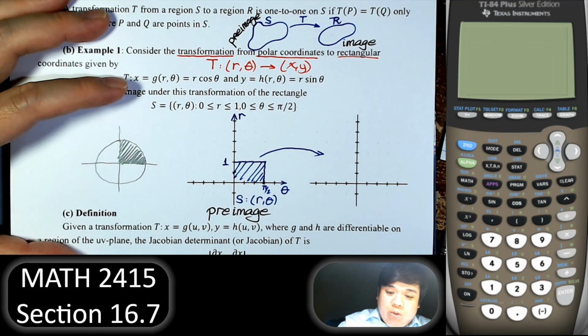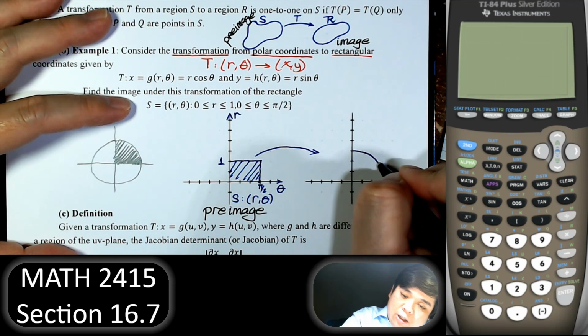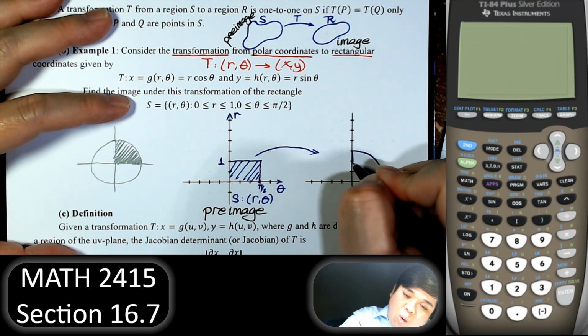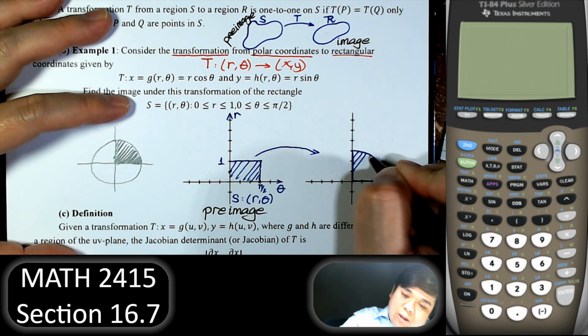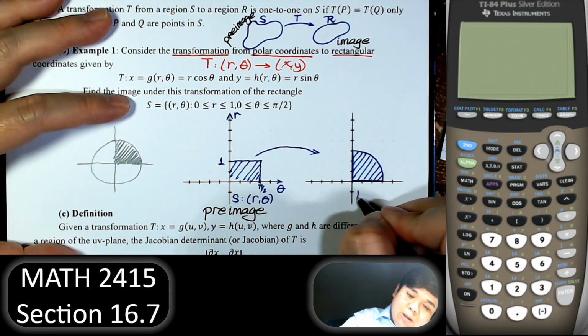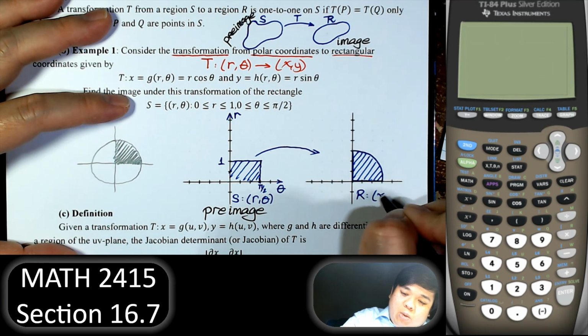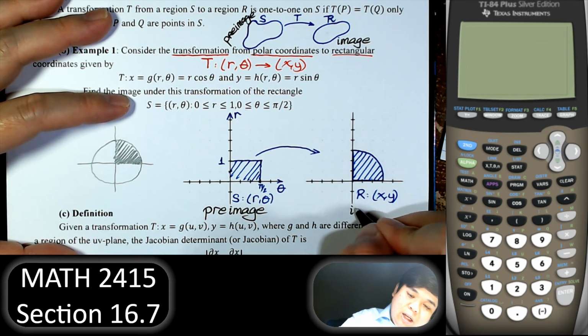So in this case, if we draw the image, it's only a quarter of a disk. And that is in the xy plane. And this is the image.